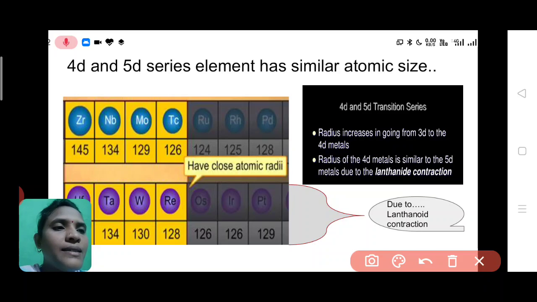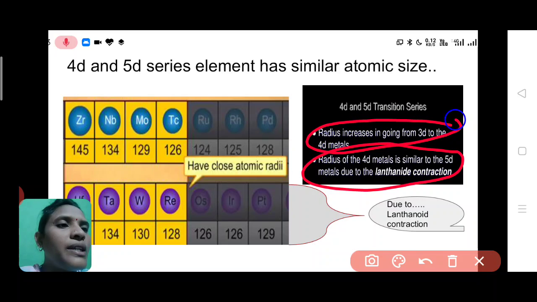But see the second statement, radius of the 4D metal is similar to the 5D metal. In case of 3D and 4D, radius increases from 3D to 4D.